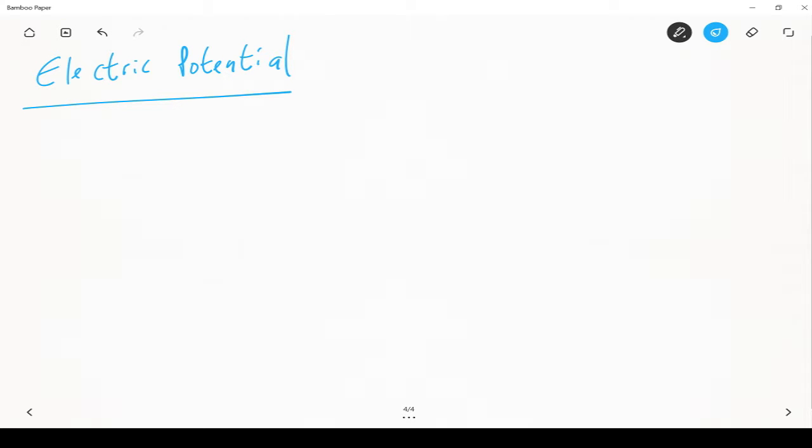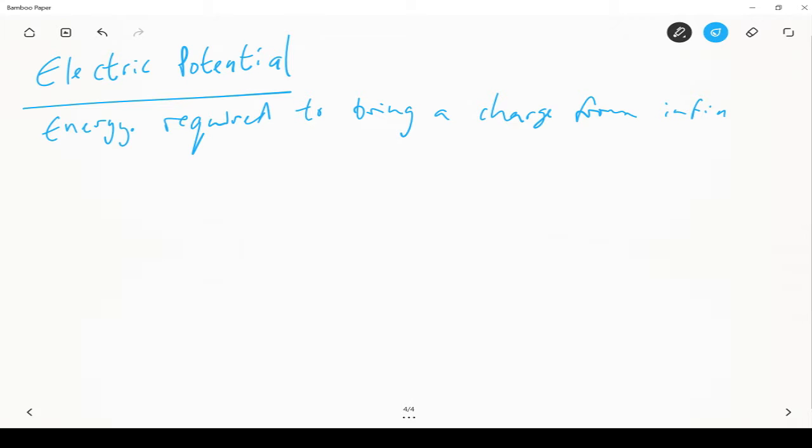Okay, now a potential is defined as, and certainly in this case, the energy required to bring a charge from infinity, can't spell, to that point.